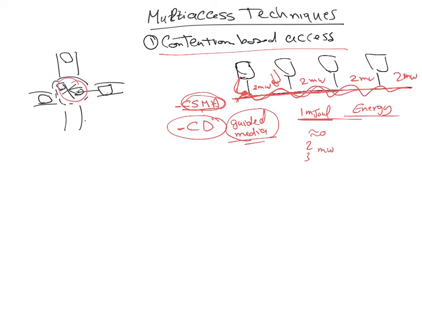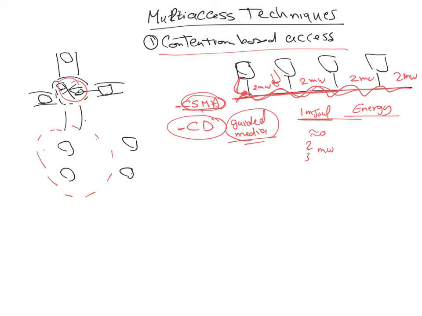That's good. So what about wireless? Wireless is not a guided medium. So for wireless, we have nodes like this, and when these nodes send, there is some kind of signal that travels through the air.